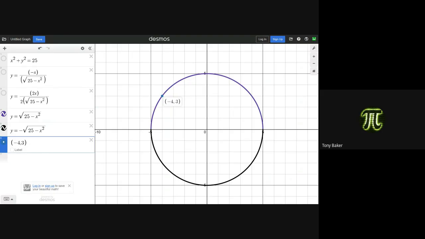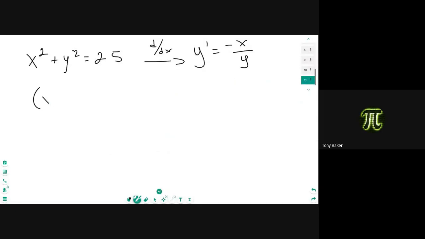So if I have the point, my x, y is negative 4, 3. So my y prime at that point would be 4/3, right?